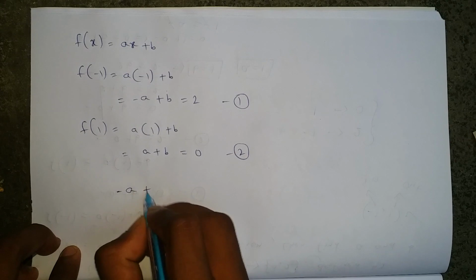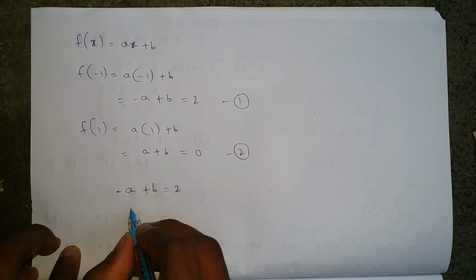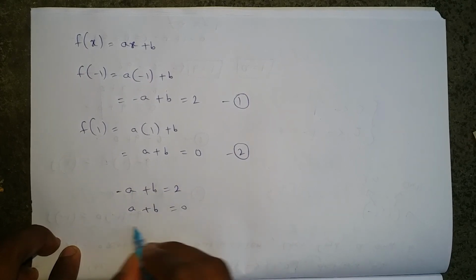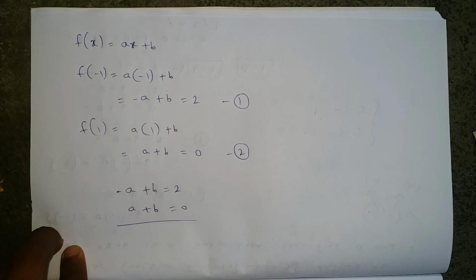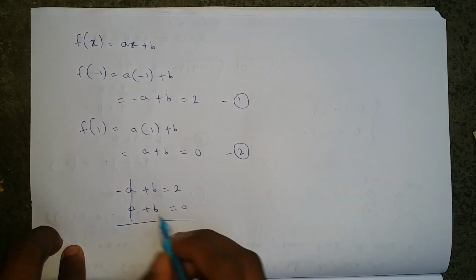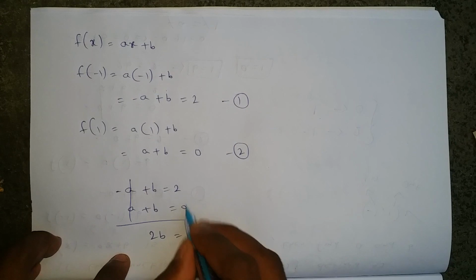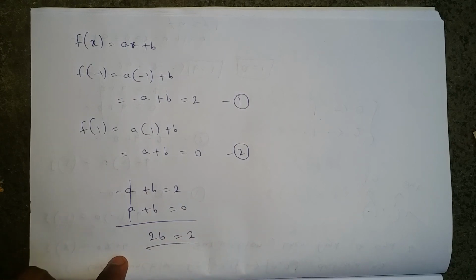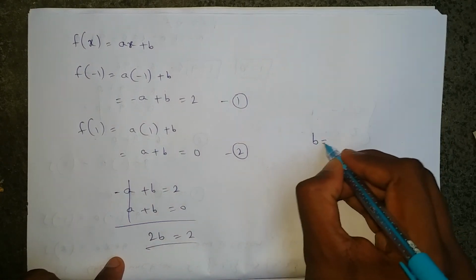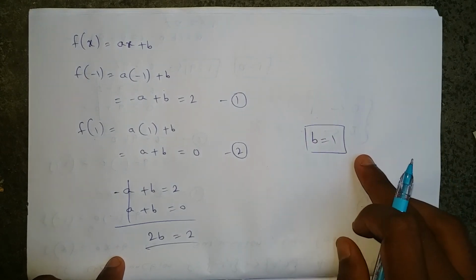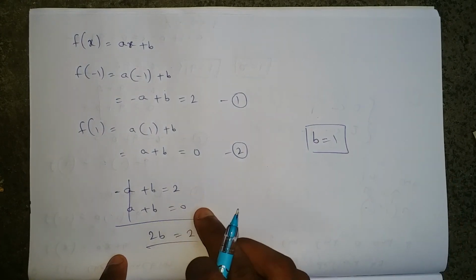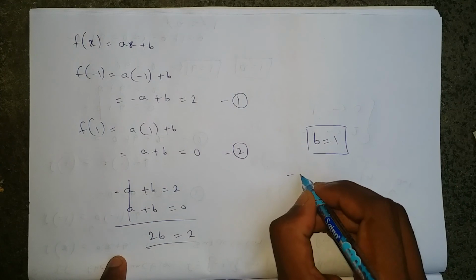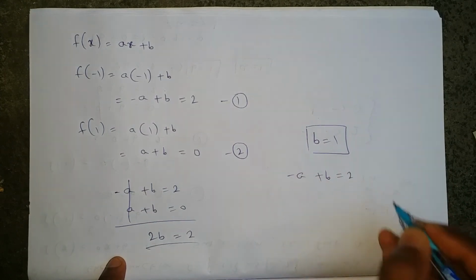The first equation is minus a plus b is equal to 2. The second is a plus b is equal to 0. I am adding both the equations. Minus a plus a cancel. B plus b, 2b is equal to 2. So 2b is equal to 2. Then b value is 1. Now this b value 1 we will substitute in the first equation or else the second equation. I am going with the first equation. Minus a plus b is equal to 2.